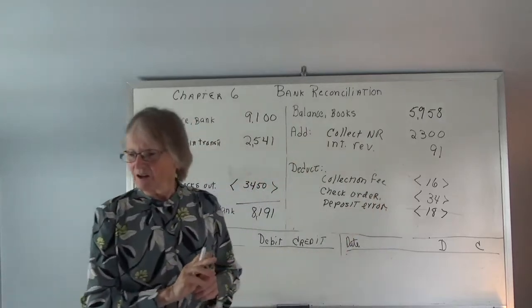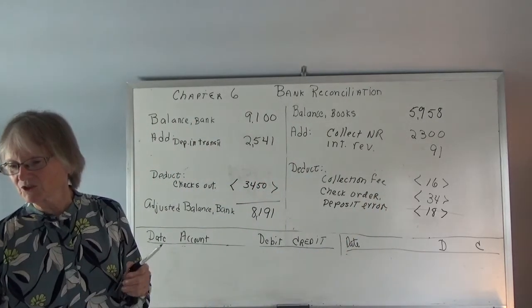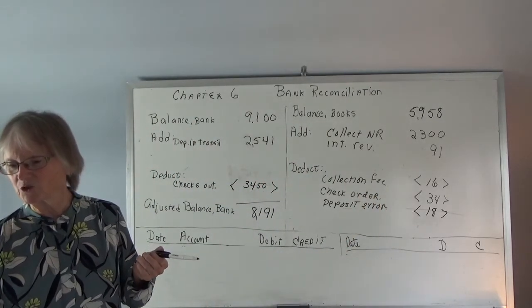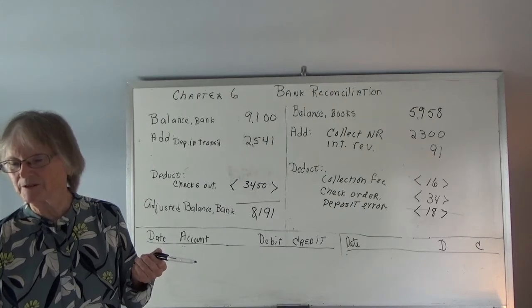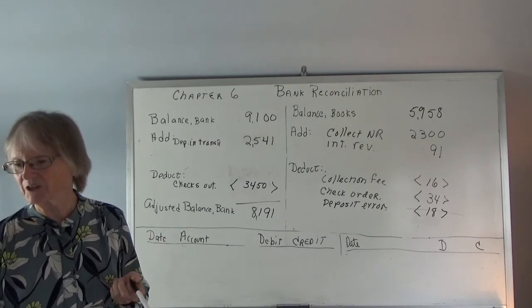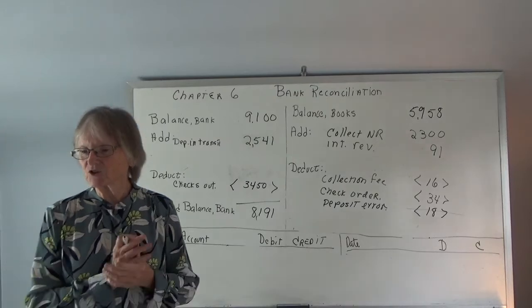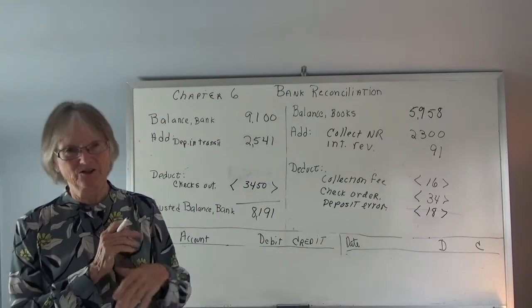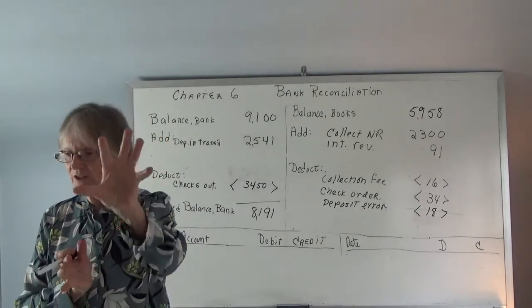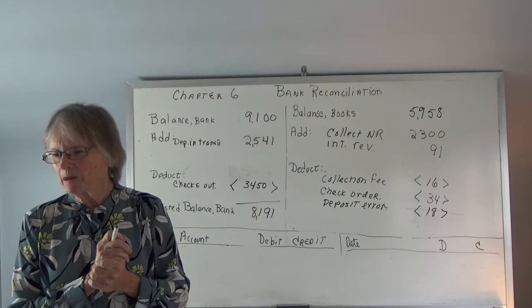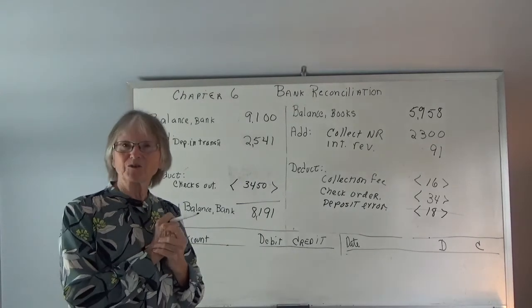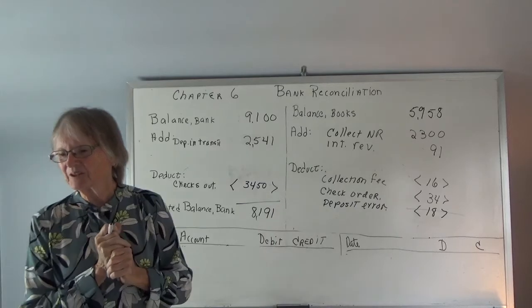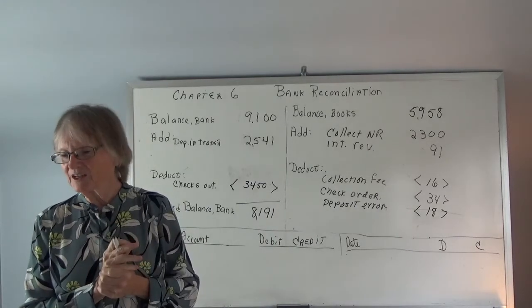Then we look again because it's still not adding up, so we have to check the checks and see if there's an error there. If we look at check number 2479, and you do this by going through the checks and eyeballing them all, the correct amount on the bank statement is $980, but what we entered on the books was $890.